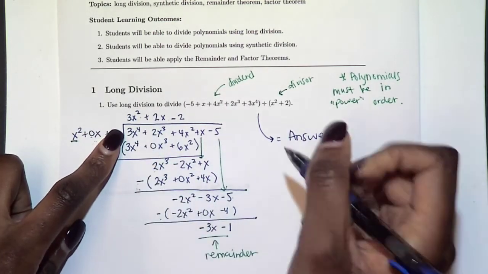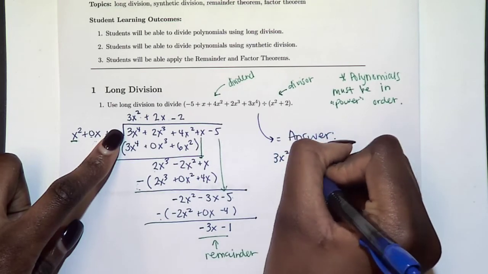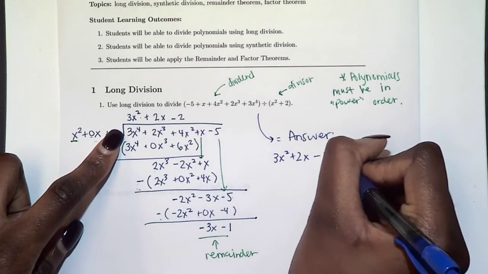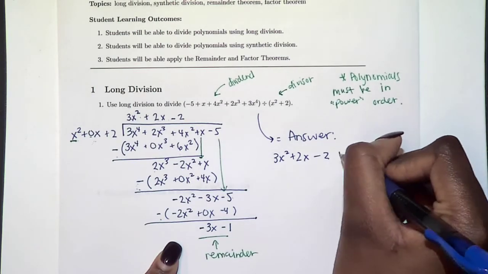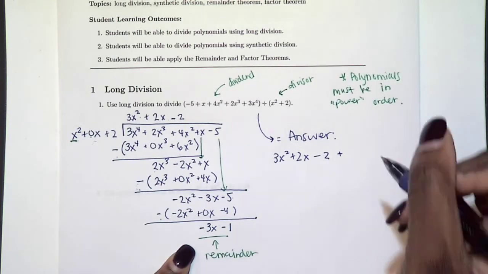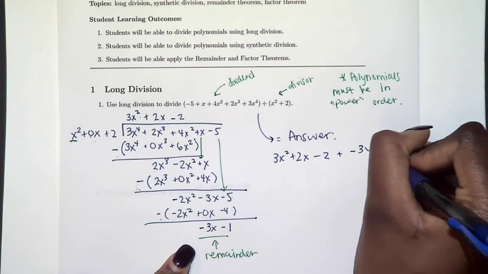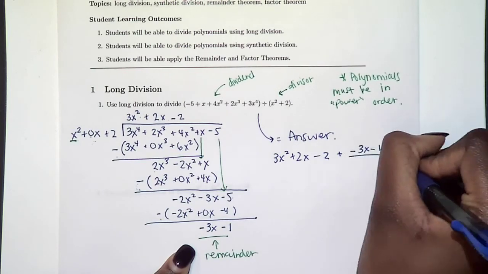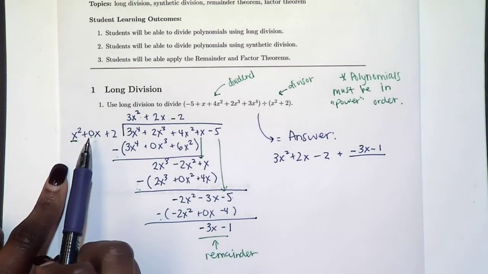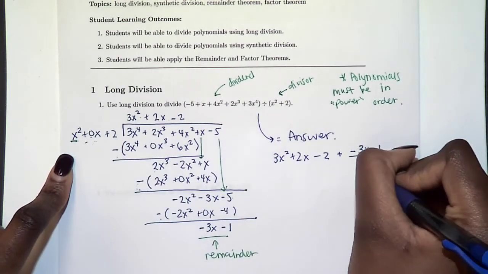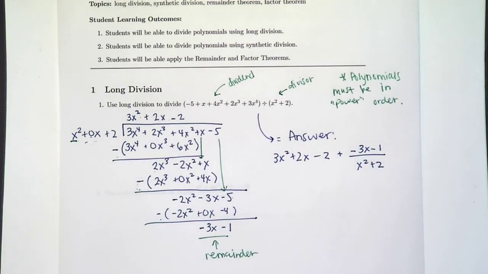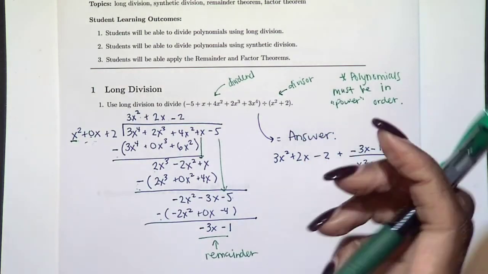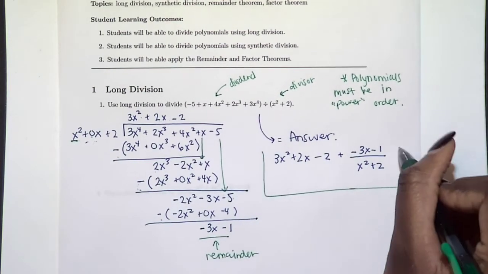So this stuff at the top, 3x squared plus 2x minus 2, plus we have to notate our remainder, which is negative 3x minus 1, but that's just a portion of our divisor, x squared plus 2. So we always write that as a fraction. All right, so this is the answer when we use long division.